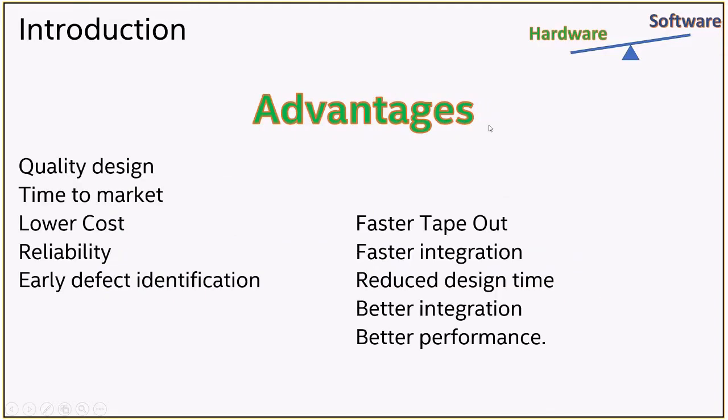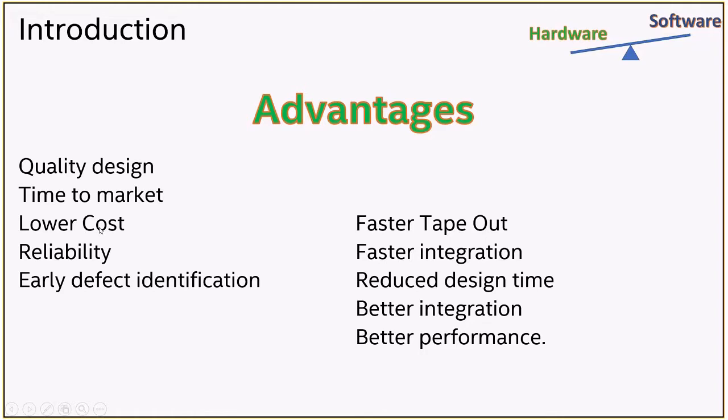What would be the advantages? Why does hardware-software partitioning need to be done? It provides quality of design, and time to market would be very fast because the number of bugs will reduce significantly. Lower cost, because we are using less hardware and more software, or optimum hardware.